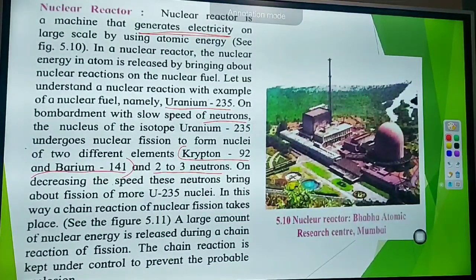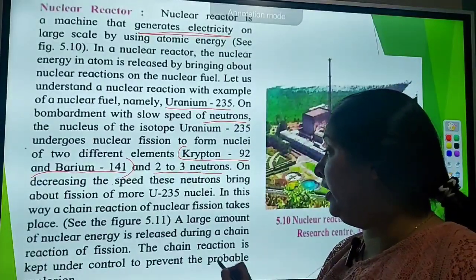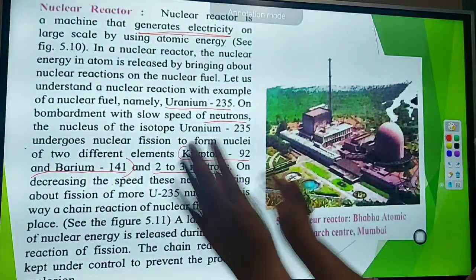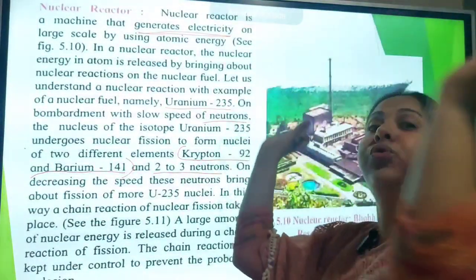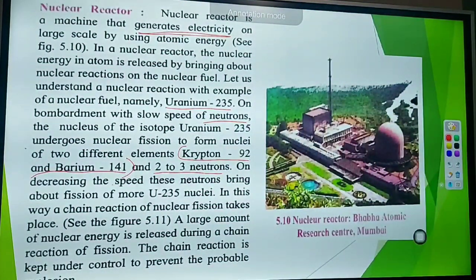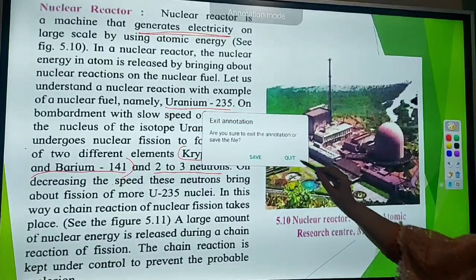The chain reaction is kept under control to prevent the probable explosion. इतना टूटेंगे तो एक्सप्लोजन हो सकता है. Normally these centers, कुछ भी मिसहैप होता है इसलिए सिटी से या पॉपुलेटेड एरिया से दूर बनाए जाते हैं ऐसे सेंटर्स. सो न्यूक्लियर रिएक्टर, बाबा एटॉमिक रिसर्च सेंटर इन मुंबई. This is how it looks.